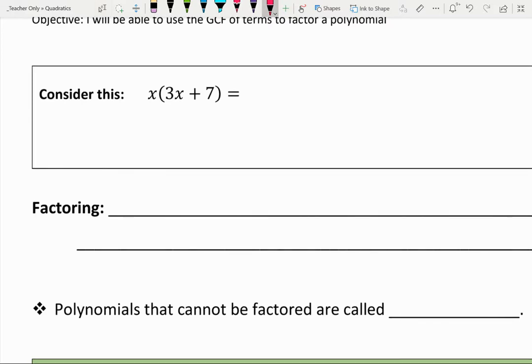So what we know about multiplication is we can apply the distributive property here, right? And so x times 3x becomes 3x squared, and x times 7 becomes 7x.